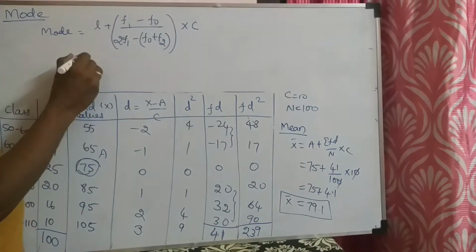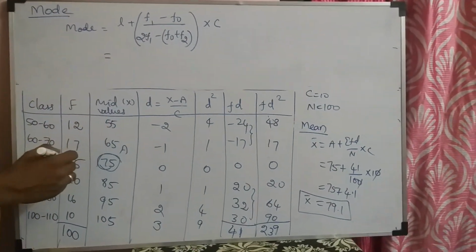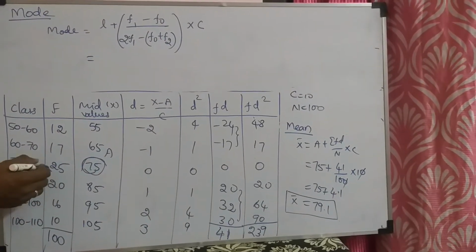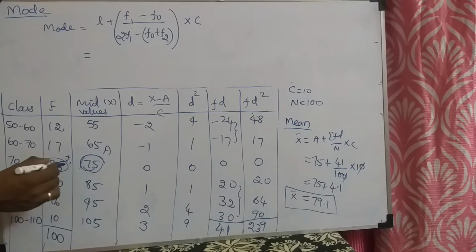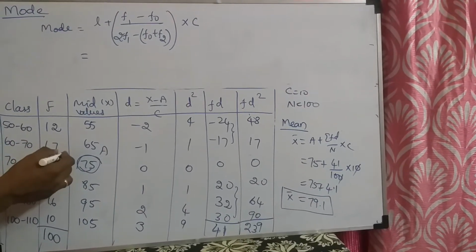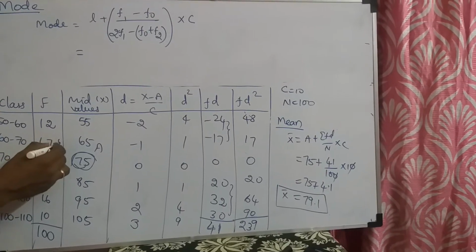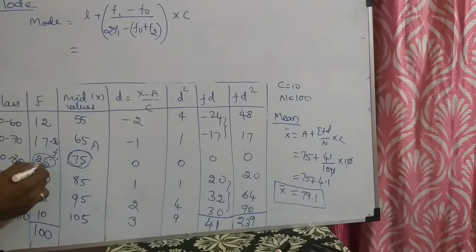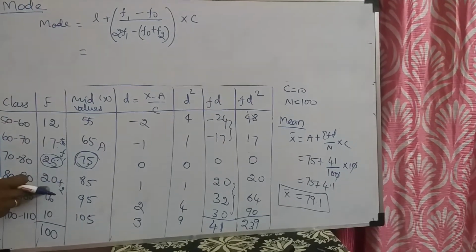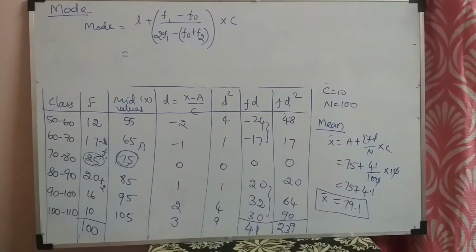So what is the highest frequency? The highest frequency has to be F1. The previous value of F1 is F0, and the post value of that frequency is F2. F1's post value is F2, and F1's previous value is F0.